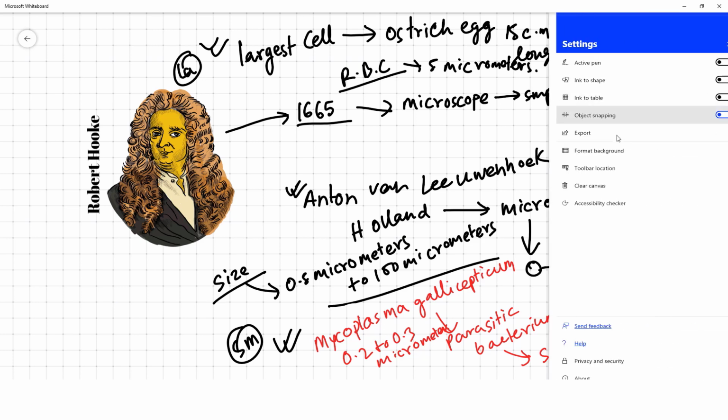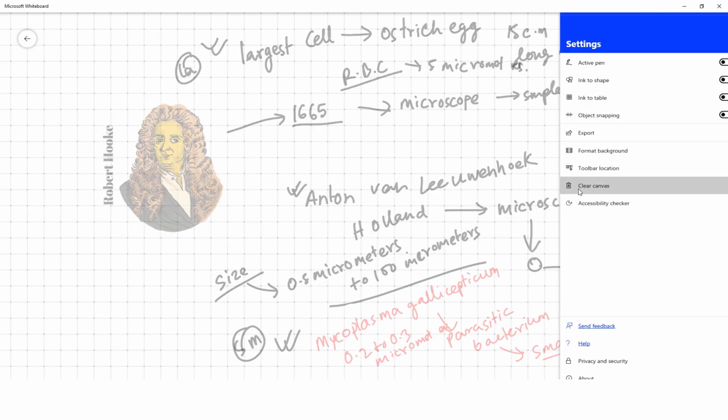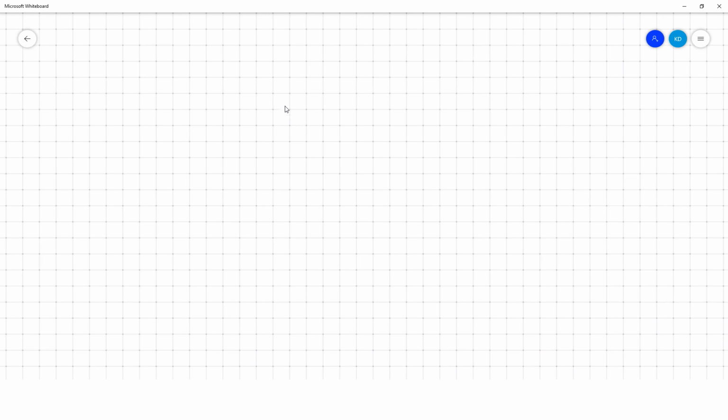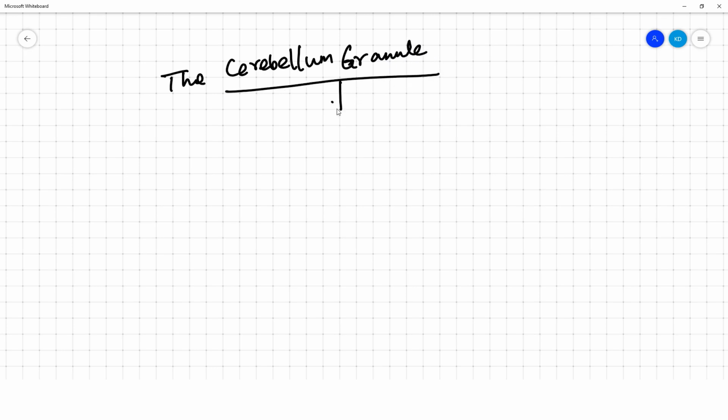Let me clear this canvas, and I want to discuss the cerebellum. The cerebellum granule cell is the smallest cell in the human body.